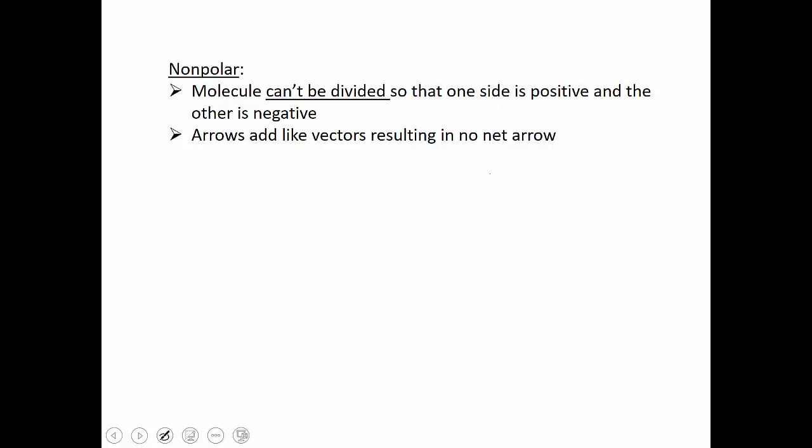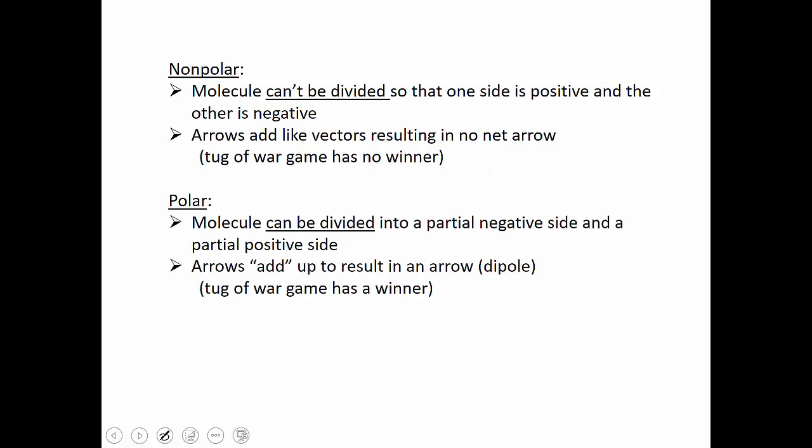What we see for polar molecules is that they can be divided into a partial negative side and a partial positive side, and that when we add up the arrows, the dipoles, there is an overall dipole arrow for the entire molecule.